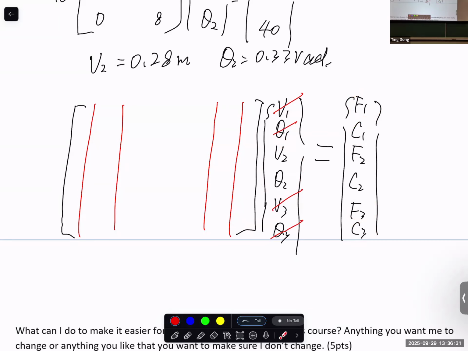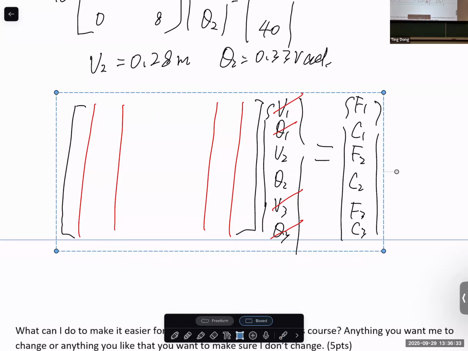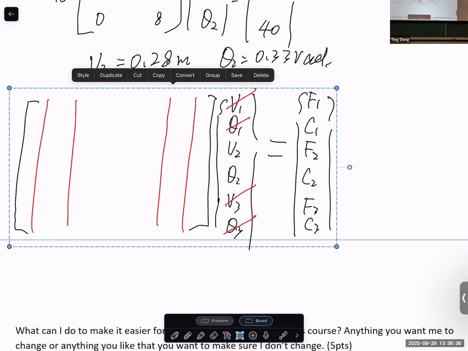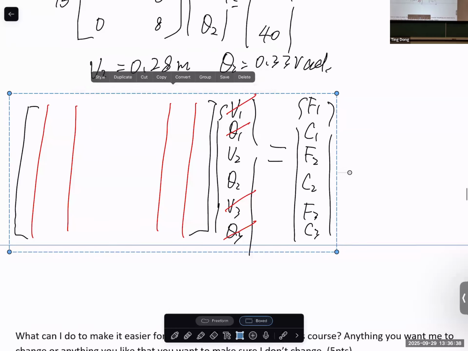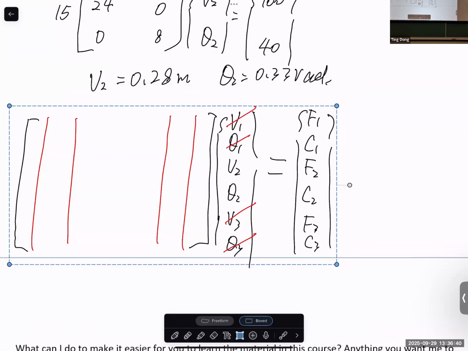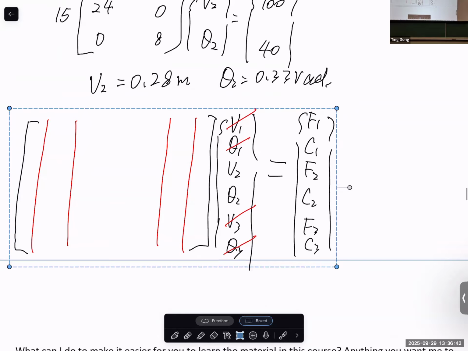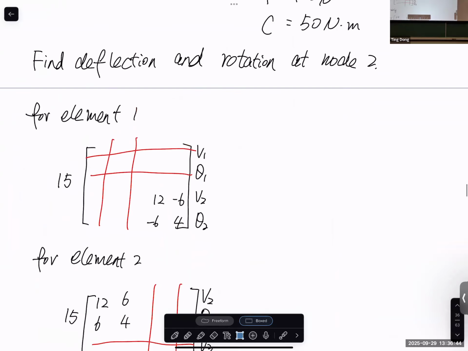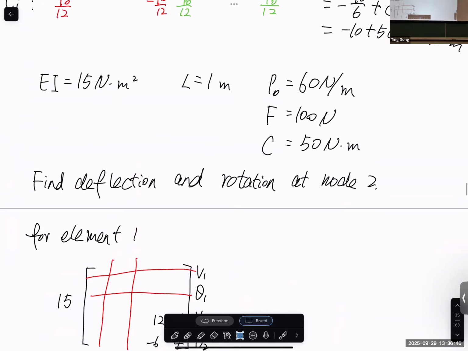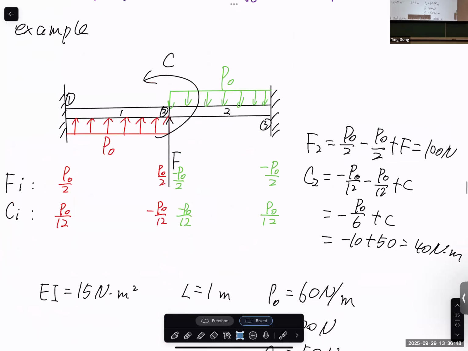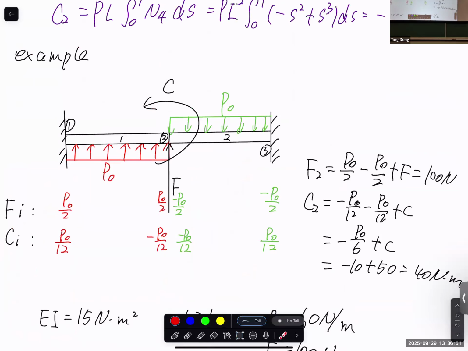That's a key thing, because previously a lot of students were confused about what F1 C1, F3 C3 actually mean. Somehow they forgot that F1 C1, F2, F3 C3 should mean all the combined externally applied force at node 1 and node 3.